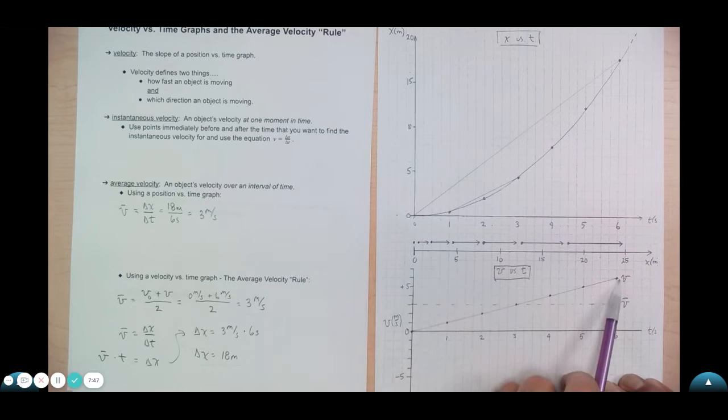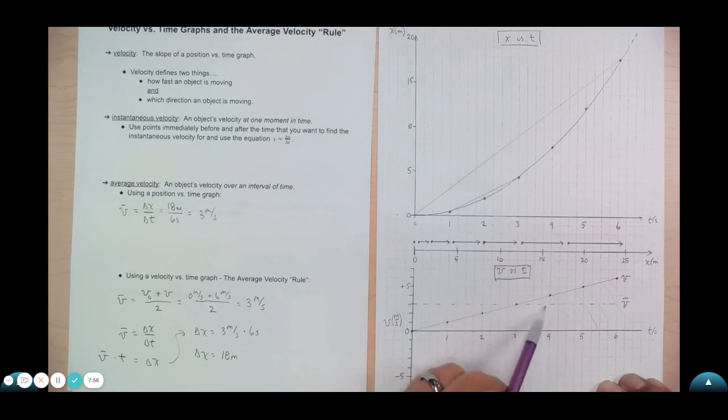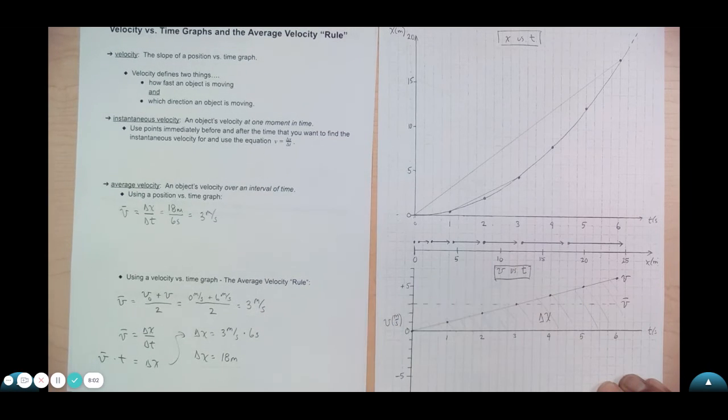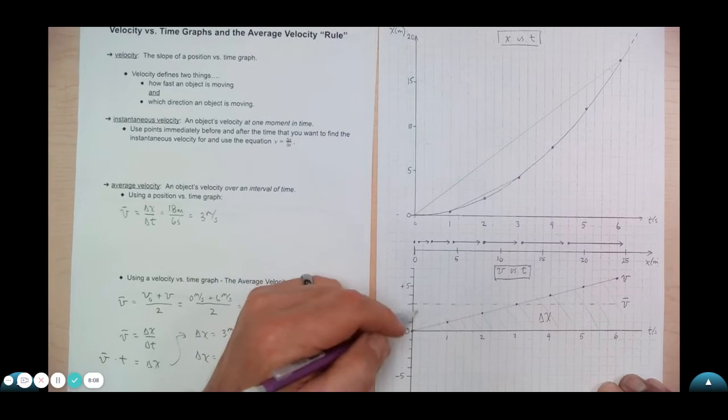The instantaneous velocity, if I were to find the area under that, it would be the area of this big old triangle. That area would represent how far the thing had gone, displacement. Well, using the average velocity, I'm talking about the area of this rectangle.